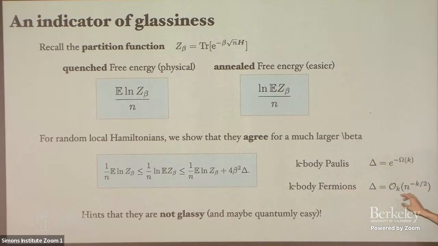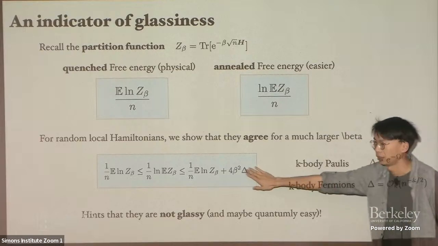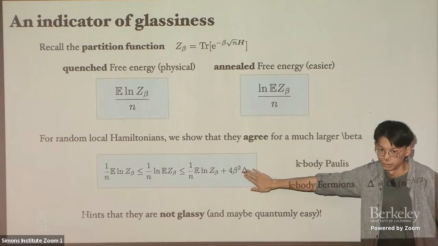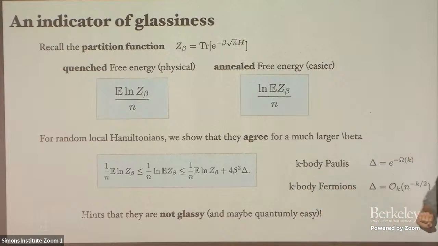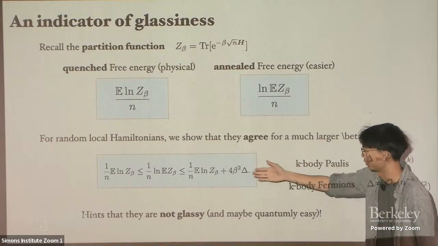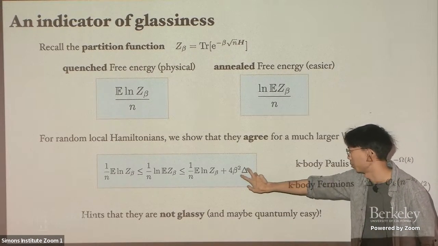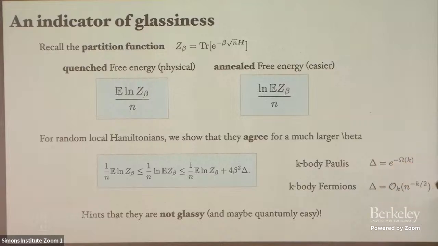However, for fermions, this actually decays with n. So when n is very big, this really goes to 0. And then for Paulis, this is a small constant. So you can choose whether you want to call this non-glassy or not, because this quantity will be pretty small, but it will still be a constant.